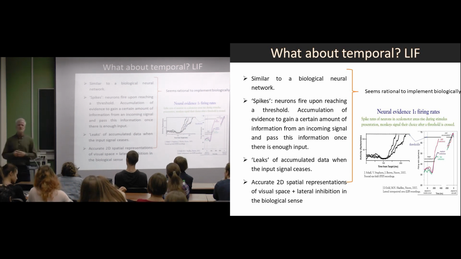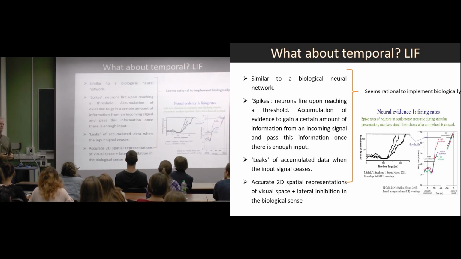So leaky integrate-and-fire, I mentioned, was the key part of the algorithm that makes temporal predictions. At the moment, we've been doing some work using leaky integrate-and-fire, but not adding it to our algorithms, but showing why it shouldn't be a part of these algorithms.